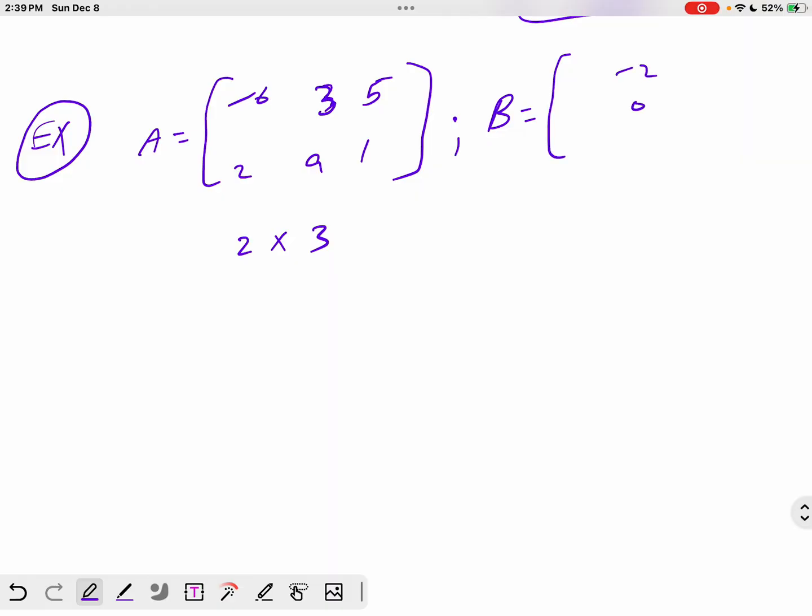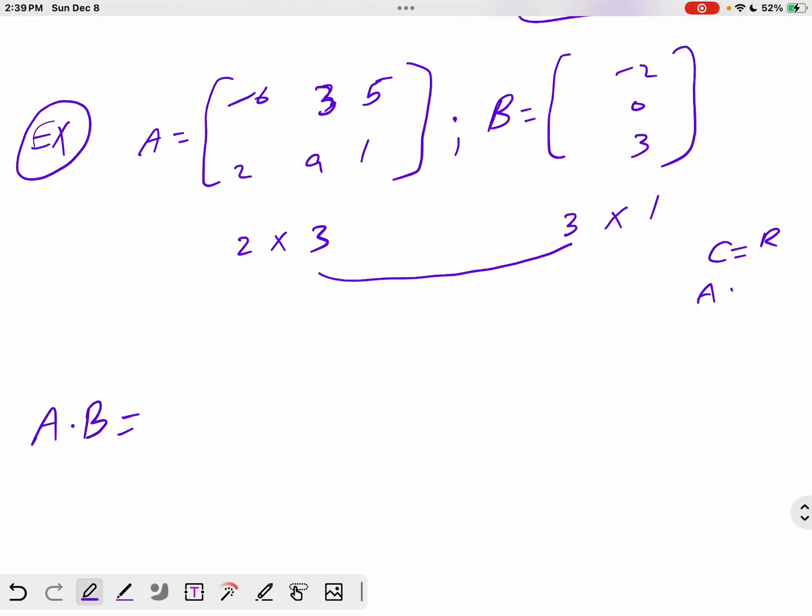B is -2, 0, 3. This one has 3 rows and 1 column. So look, this one is matching. The number of columns of the first one equals the number of rows. Well, then A times B is possible. Then your answer is going to be a 2 by 1 matrix.